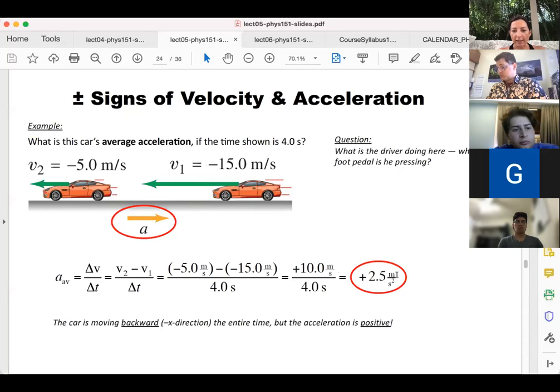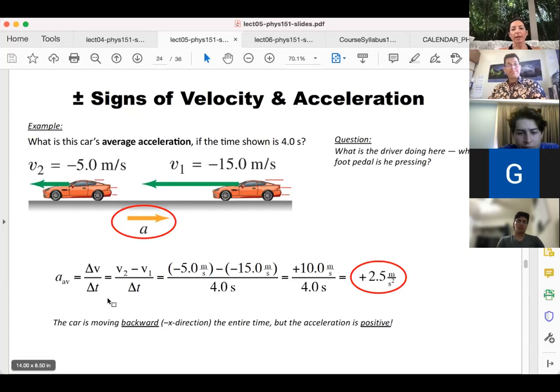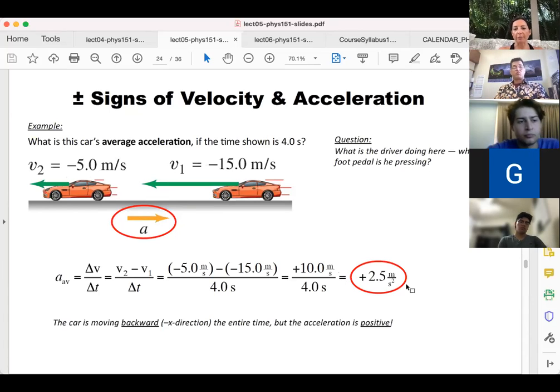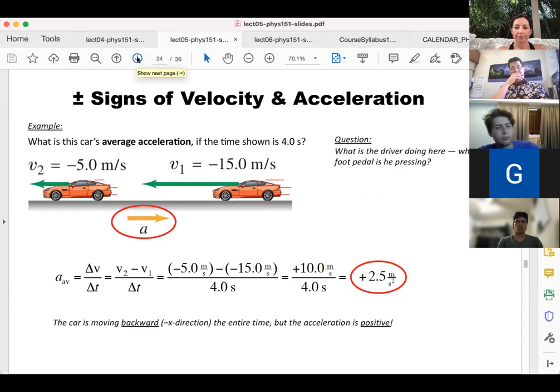And then let's look at the units. Meter per second divided by second, meter per second squared. And we said that the acceleration is measured in meters per second squared, right? So also the dimensions work. So the car is moving backward with respect to the x direction the entire time, but the acceleration is positive. Okay.